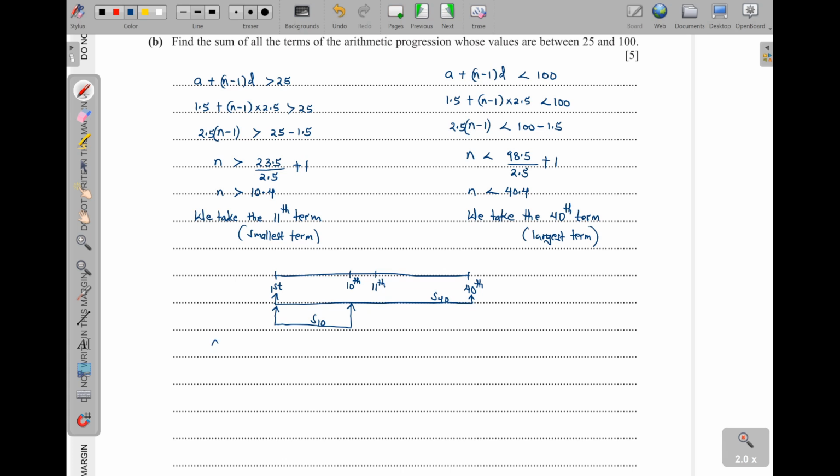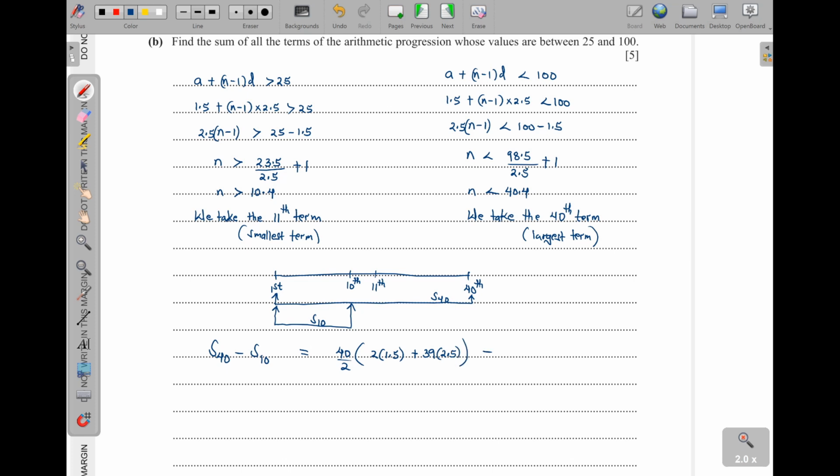So meaning S of 40 minus S of 10 will be equal to 40 over 2, and the sum of the first n terms of the AP, you know it is n over 2, then 2a, then plus n minus 1 d. So 2 times a is 1.5, then plus 40 minus 1, that will be 39, then the d we got as 2.5.